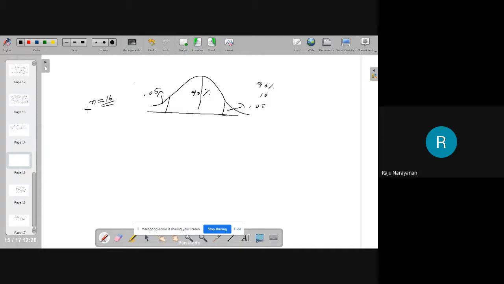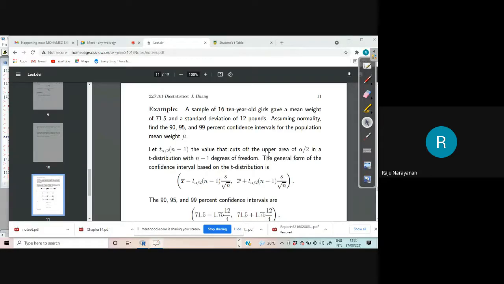And X bar is equal to 71.5, and S is equal to 12. Now we want this one, 0.05. Therefore, N is 16.